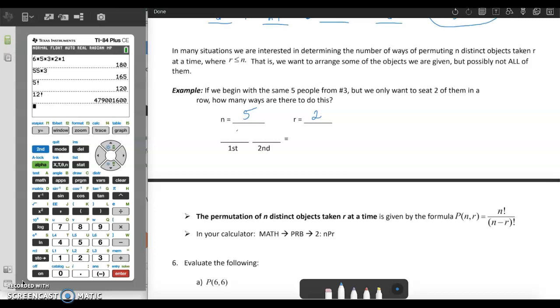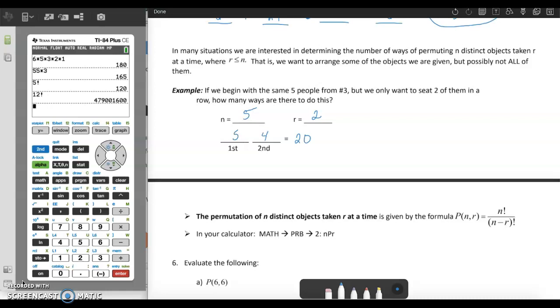So I take that first person, there are 5 choices for who that first person is. And then I need to pick one other person out of the 4 who are left. So there are 4 choices for the next person. And unfortunately, the other 3 people just have to leave. They don't get a seat at all. Well, that's only 20 different ways. So notice how that really reduced the options if I only want to seat 2 of them rather than all of them.